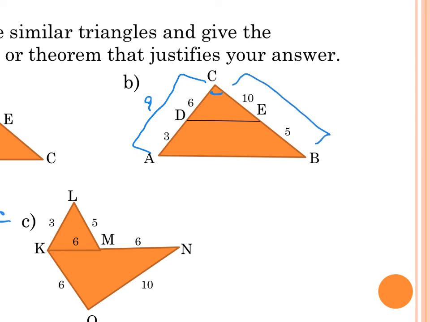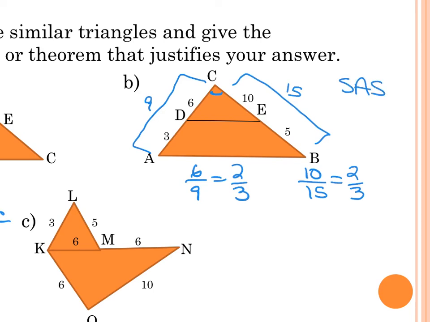This one on this side is 15. So I'm going to do 6/9, simplify that to 2/3, and then 10/15. And it also simplifies to 2/3. Now notice the included angle is the same in both. It's both angle C. So this is why it's the side angle side similarity theorem.